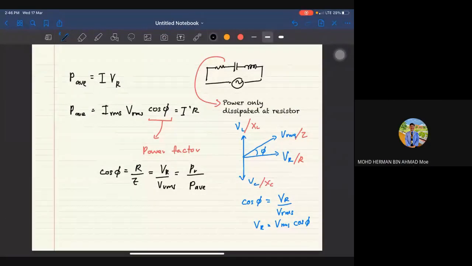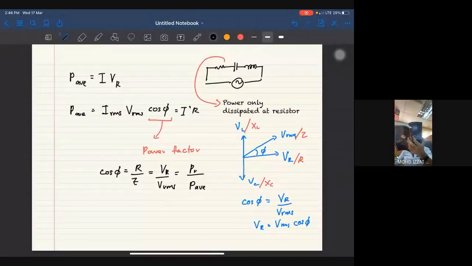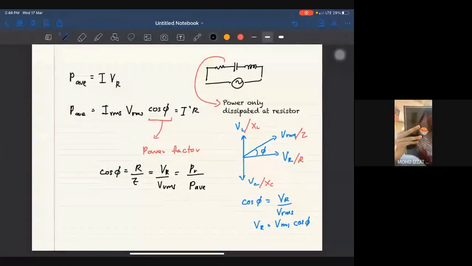Ada sir. Okay, maybe try to look at the formula in front of the book. Saya double check. Formula ni saya selalu tersalah tulis.